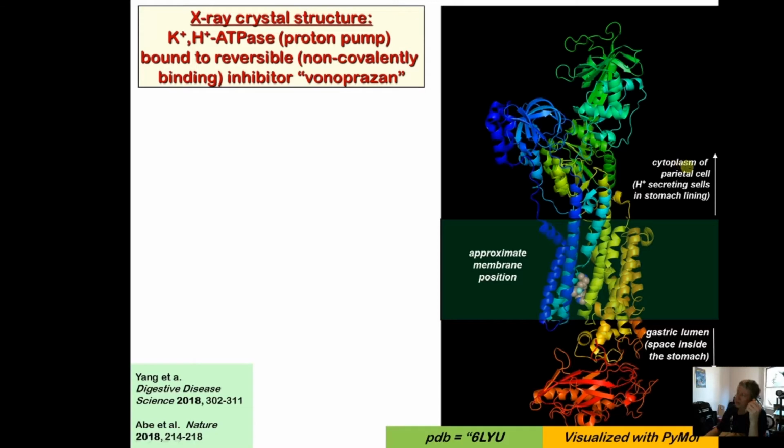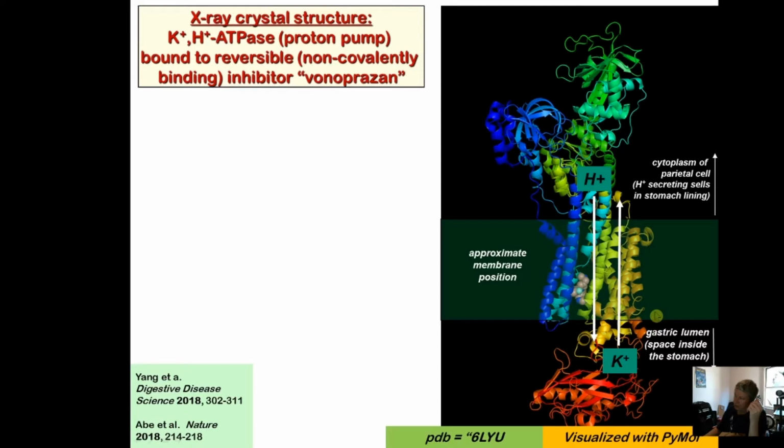Up top is the cytoplasm of the parietal cell. There's a membrane that separates the parietal cell from the gastric lumen, which is the stomach lining inside the stomach.